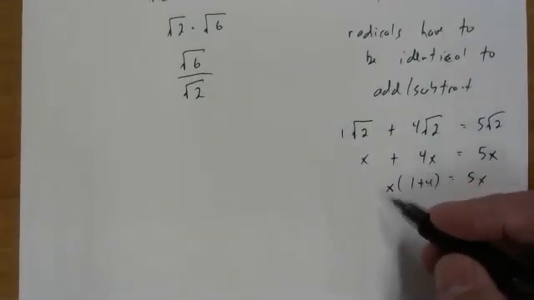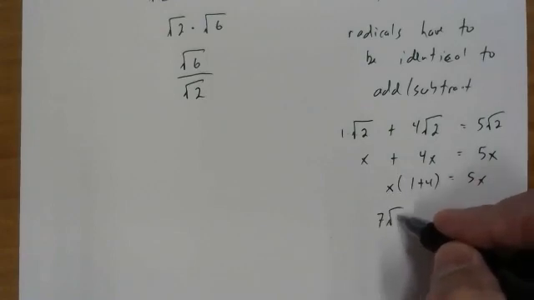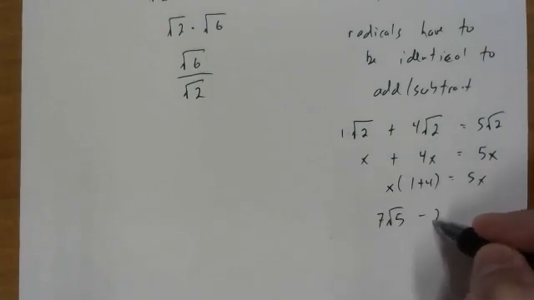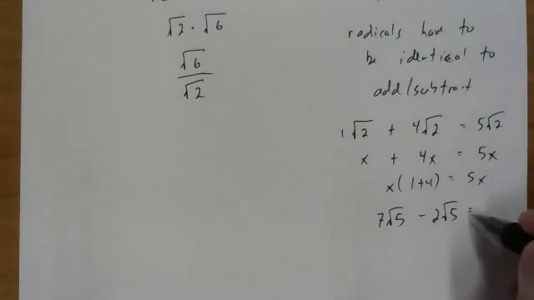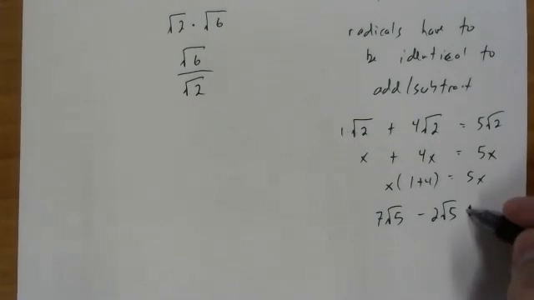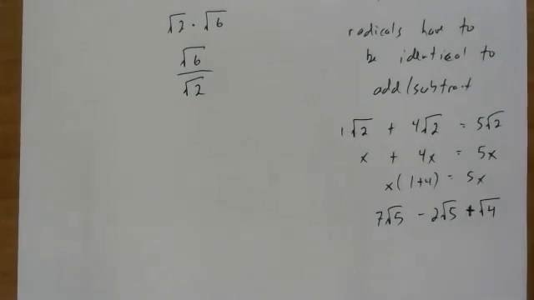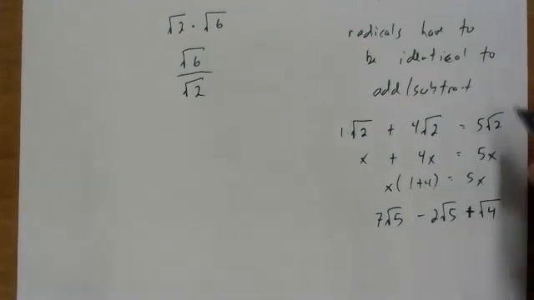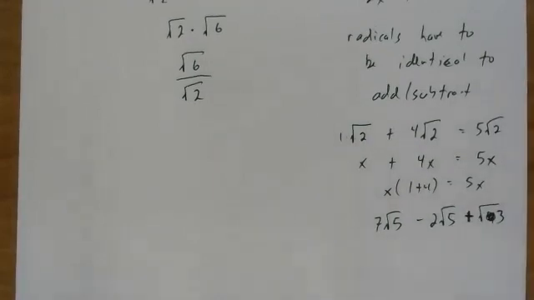If I have, well, just for fun, 7 square root of 5 minus 2 square root of 5. Oh, I should have put 4 here. How about 3? 7 square root of 5 minus 2 square root of 5 plus square root of 3. 3 terms here. I want to combine or simplify as much as possible.